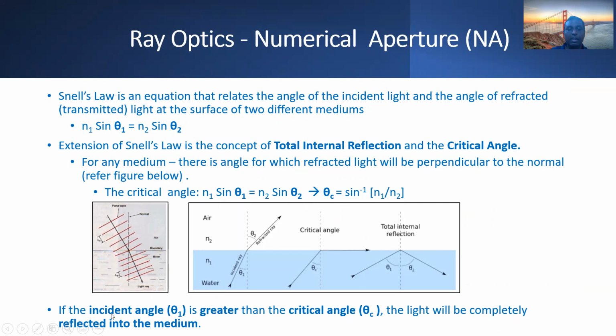If the incident angle theta 1 is greater than the critical angle theta c, the light will be completely reflected into the medium. There will be no refraction.